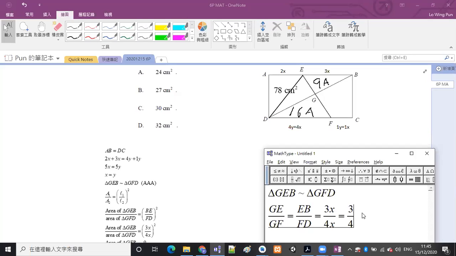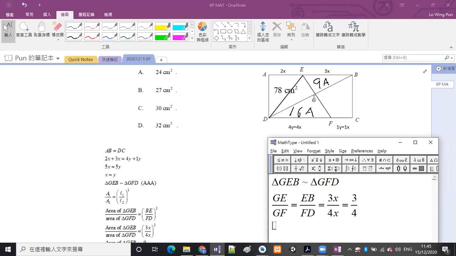But we also know that the area of triangle GED to the area of triangle GFD is equal to the length of GE to GF, which is equal to 3 over 4.